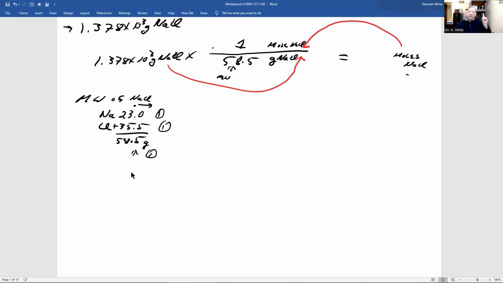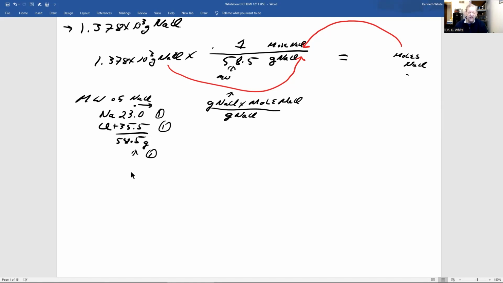Now, before I pick up my calculator, I'm going to check my units. What do I mean by that? Notice this is grams of sodium chloride times moles of sodium chloride divided by grams of sodium chloride.